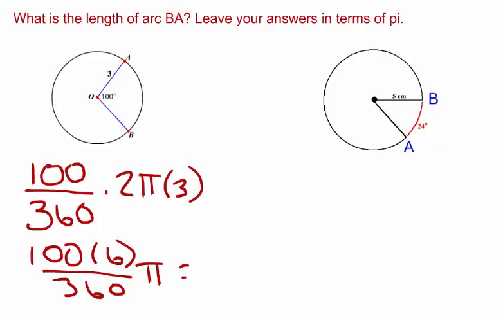Leaving it in terms of pi, it would be 100 times 6, the 2 times 3, over 360 pi. And when you simplify that in your calculator, or however you want to simplify it, you should get 5/3 pi. So that is the length from A to B of that circle.